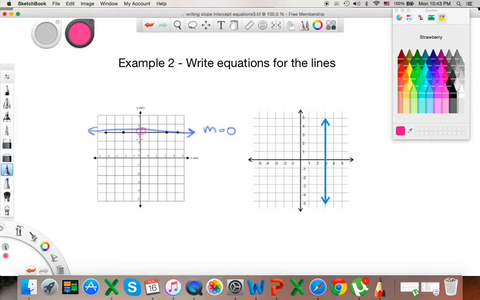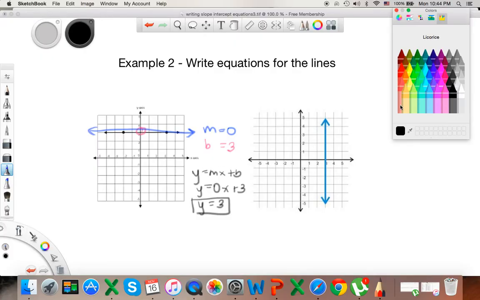This is 1, 2, and 3. The y-intercept is 3. So we start with the formula, y equals mx plus b. Our m is 0, so it would be y equals 0 times x plus 3, which gives us essentially y equals 3. 0 times x is just 0, so that goes away.